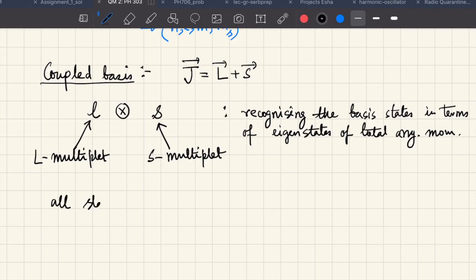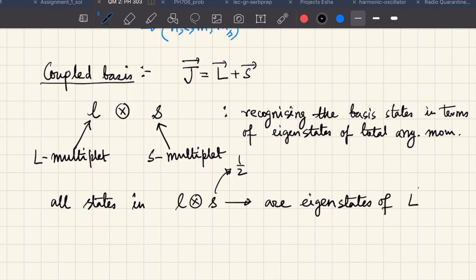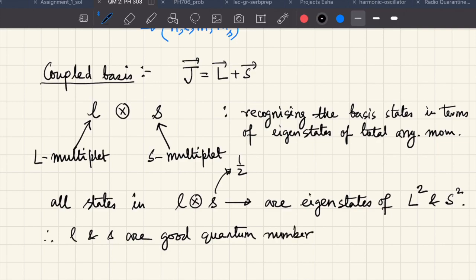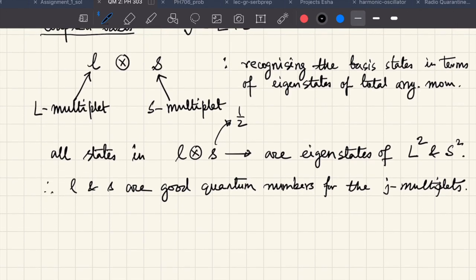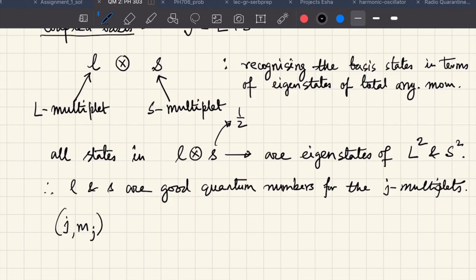So L and S are good quantum numbers for all the J multiplets that arise in this tensor product, of course, and each J multiplet has states with quantum numbers J and Mj. So that we already have mentioned.